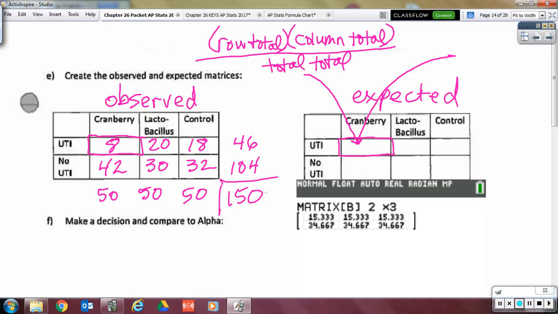So let's put some math to it. For that cell, what is the row total? Good, 46 times the column total, 50, divided by the total, 150. That number is 15.3.